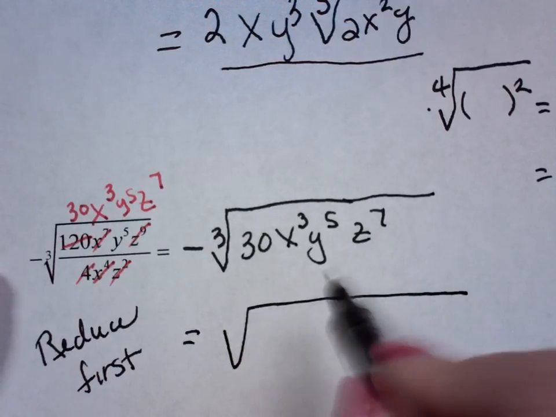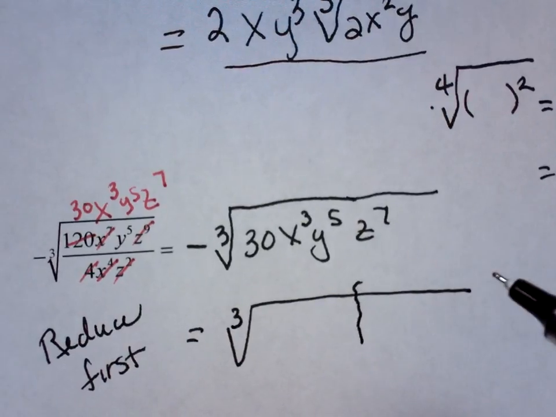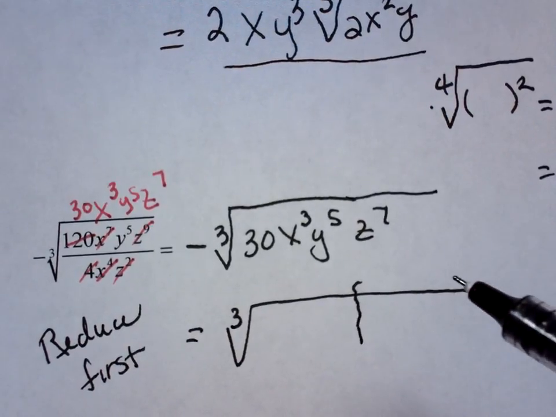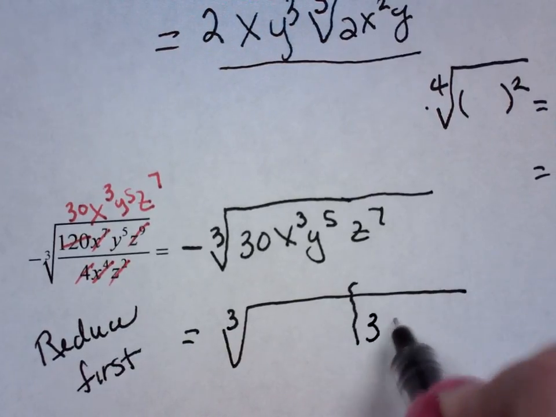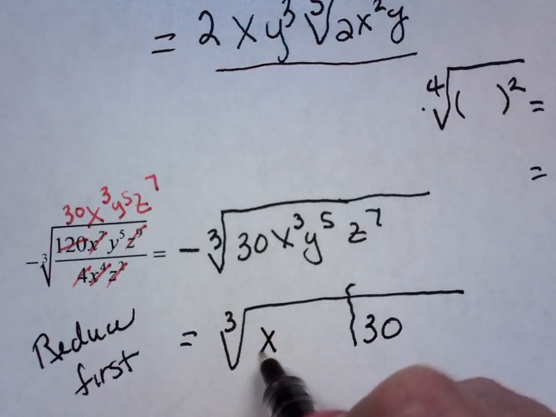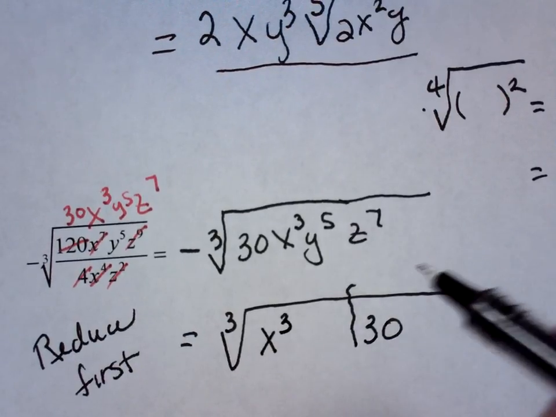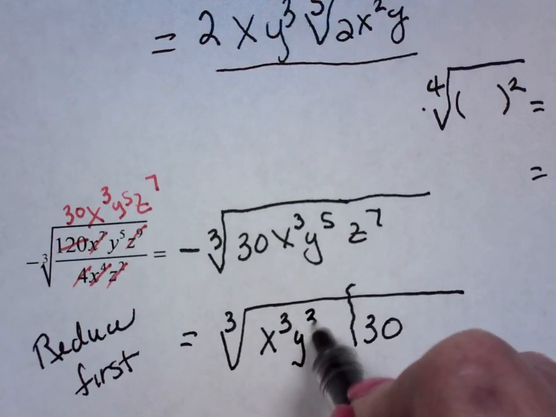Now I need to break this down. Now there isn't a cube. 1, 8, 27, none of them divide 30, so 30 is going to go in the leftover position. X cubed is a cube. Y to the 5th has a cube in it. It's 3 with 2 left over.